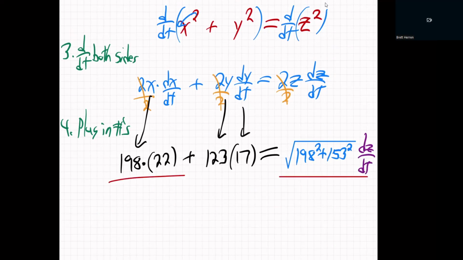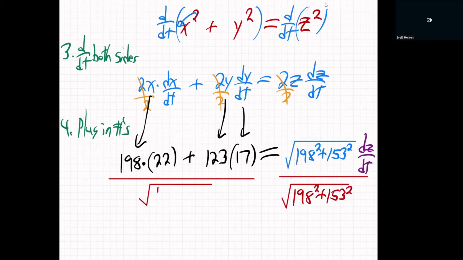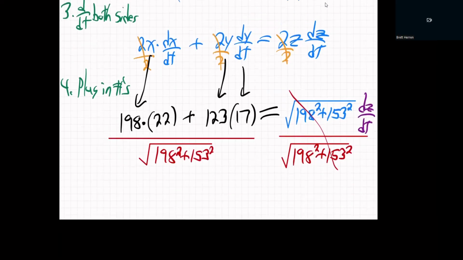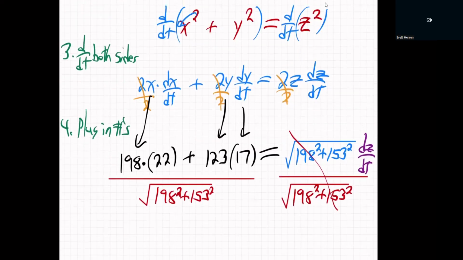Let's divide both sides. Wow. Square root of 198 squared plus 153 squared. Boom. All right, Desmos to the rescue. 198 times 22.